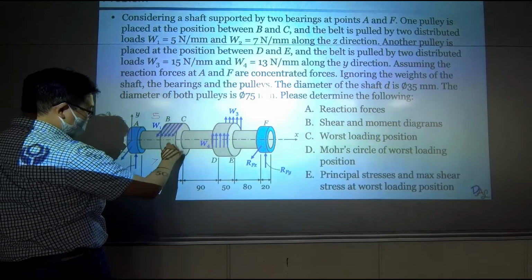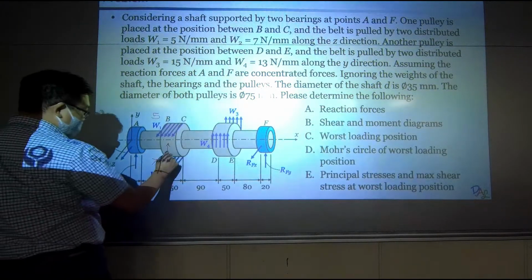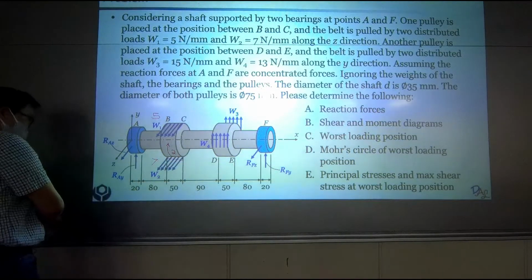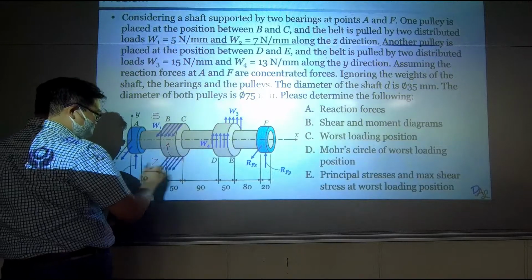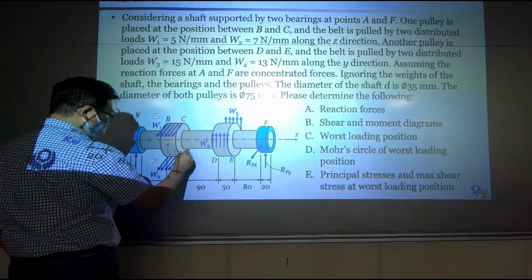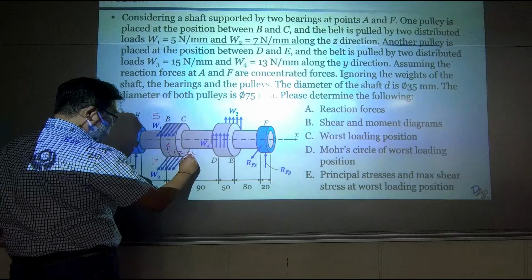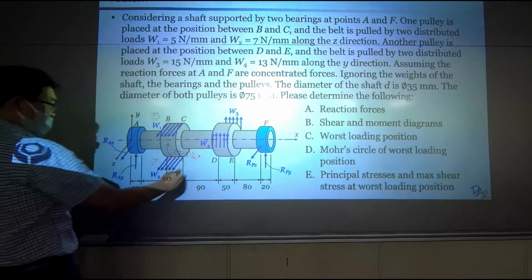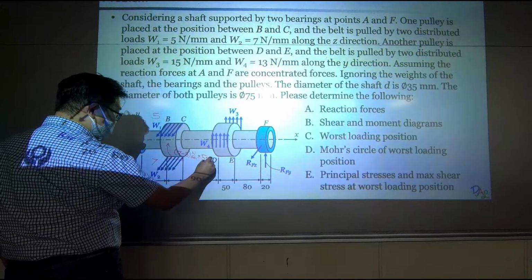So it's generating some moment. 2 times the width. 2 came from 7 minus 5. The unit is Newton over millimeter, and the width will be 50 millimeter.